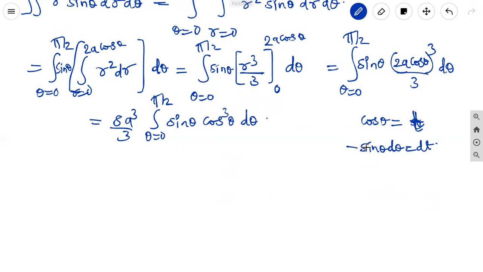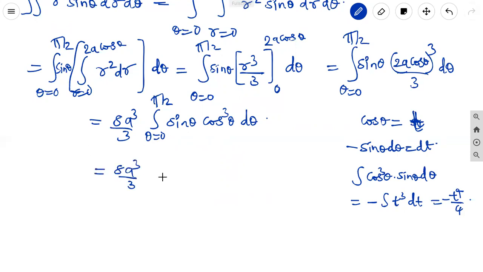So the integral of cos³ θ sin θ dθ equals minus the integral of t³ dt, that is minus t⁴/4. So the integration equals 8a³/3 times minus cos⁴ θ/4, with limits from 0 to π/2.